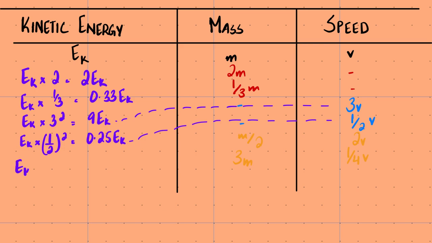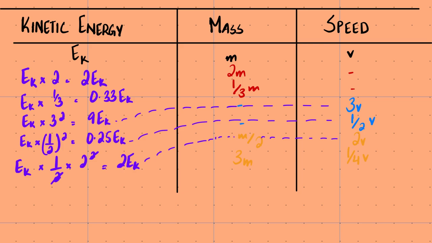Let's see. Because of the mass halving, kinetic energy also halves. And because of the speed doubling, this would now become 2 squared times whatever it is. One of these 2's cancel, one is still left. So the kinetic energy overall doubles. And the reason for this is that speed has a greater impact on the kinetic energy than the mass. So mass just causes it to halve, whereas speed causes it to quadruple.